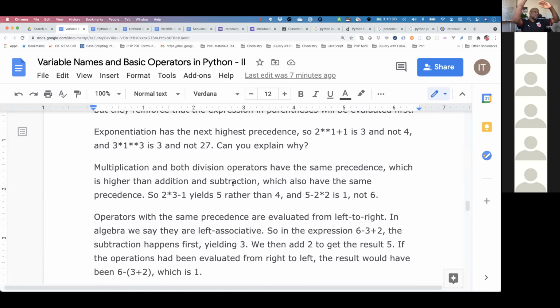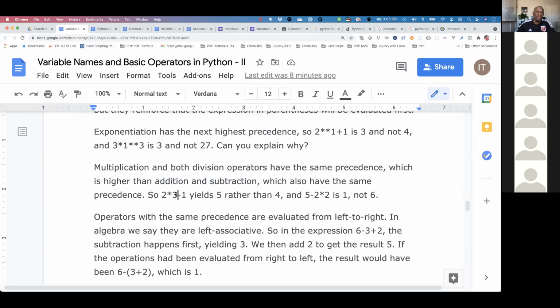But up at the top of multiplication and division, we'll have the exponents. Up at the top of the exponent, we'll have the brackets. So these are higher, which also have the same precedence. So same precedence as in addition and subtraction.